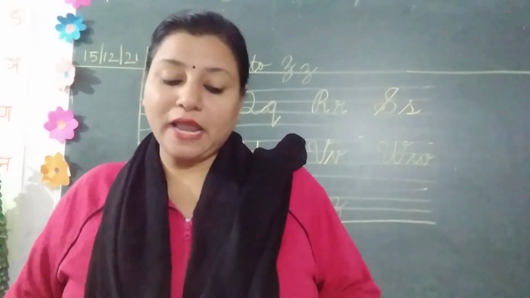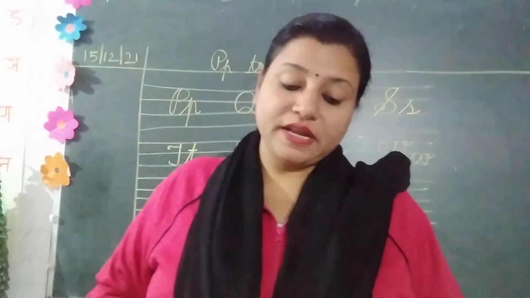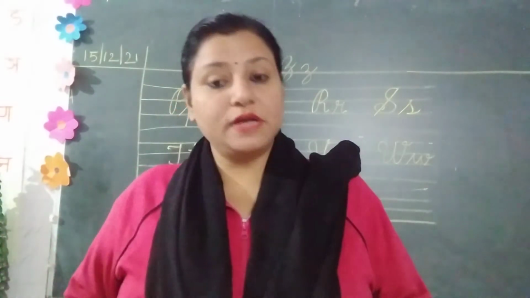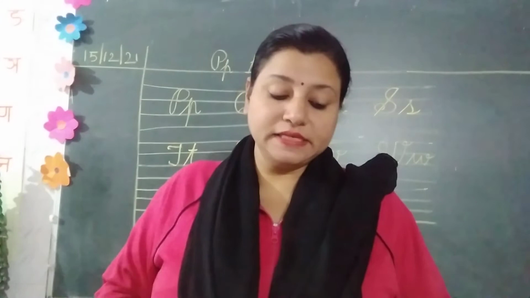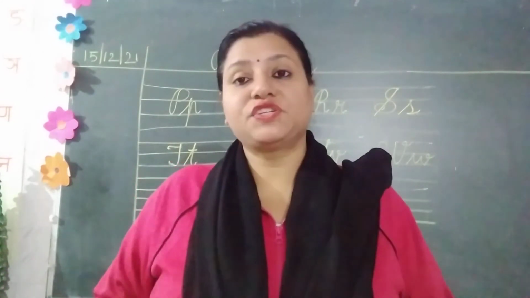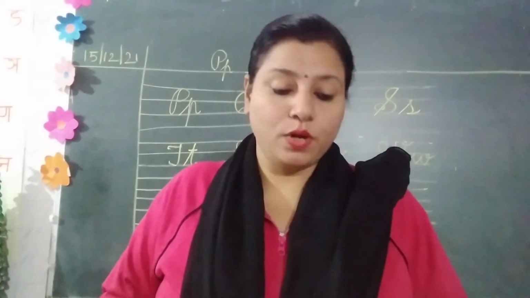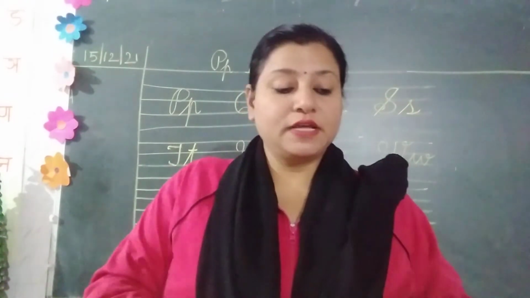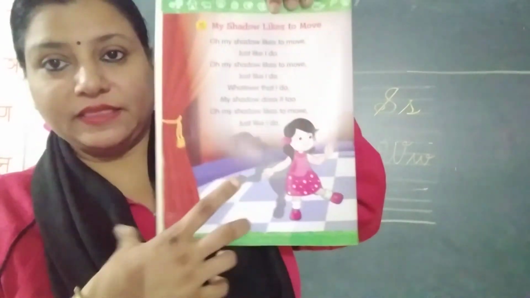Whatever that I do, my shadow does it too. Oh, my shadow likes to move just like I do. So here you can see the girl is also dancing and the shadow is also dancing.